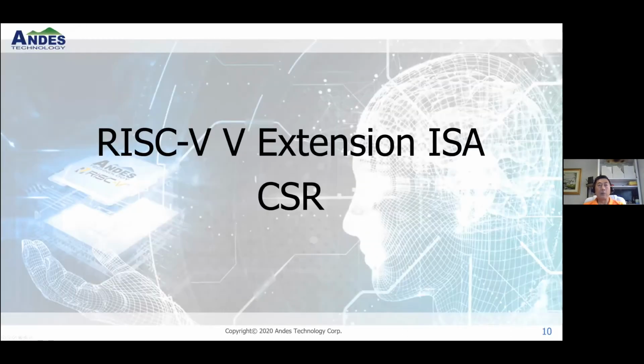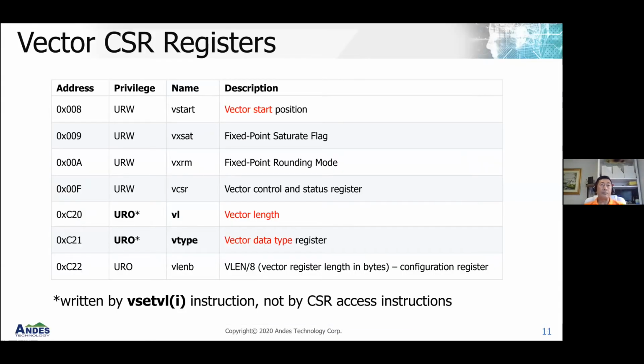Okay, so now we go to the basics of the ISA, and the first thing to understand is the control and status register, which is very important. So these are the vector CSR registers. There are 2 types.